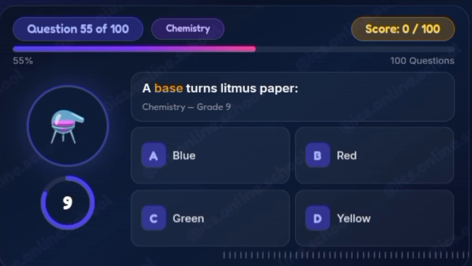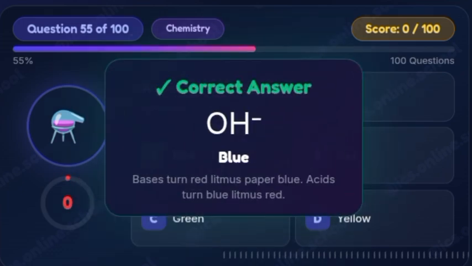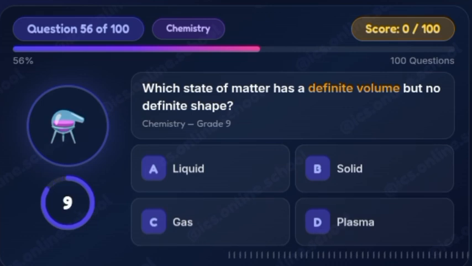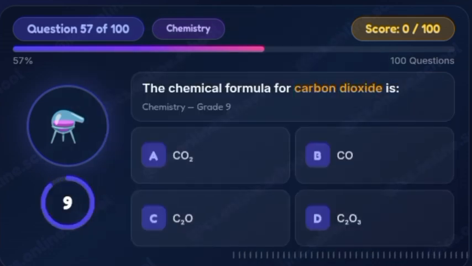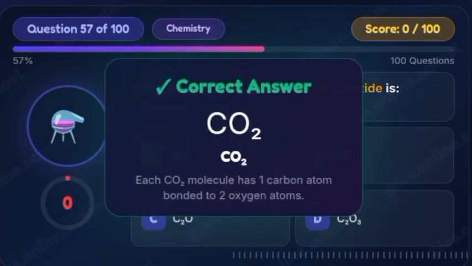A base turns litmus paper blue. Which state of matter has a definite volume but no definite shape? Liquid. The chemical formula for carbon dioxide is CO2.